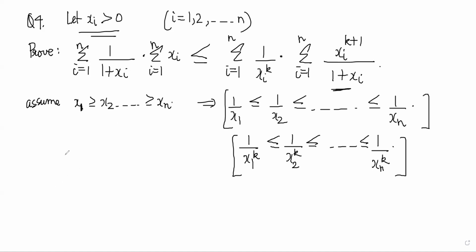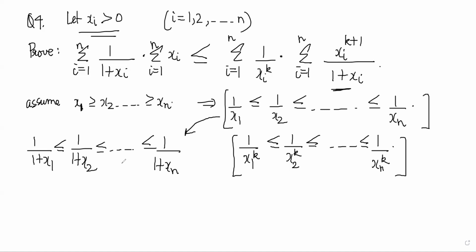Let's think about it. We have 1 by 1 plus x1 is less than equal to 1 by 1 plus x2 less than equal to 1 by 1 plus xn. This follows from here, right? And we also have x1 power k is greater than equal to x2 power k greater than equal to xn power k. That comes from here, right?